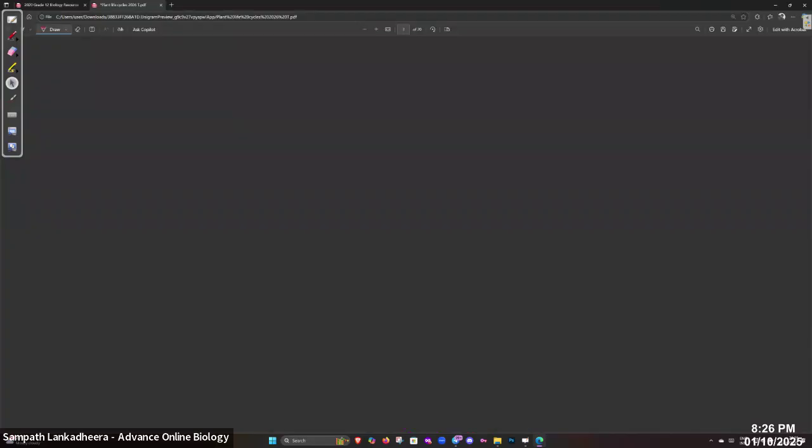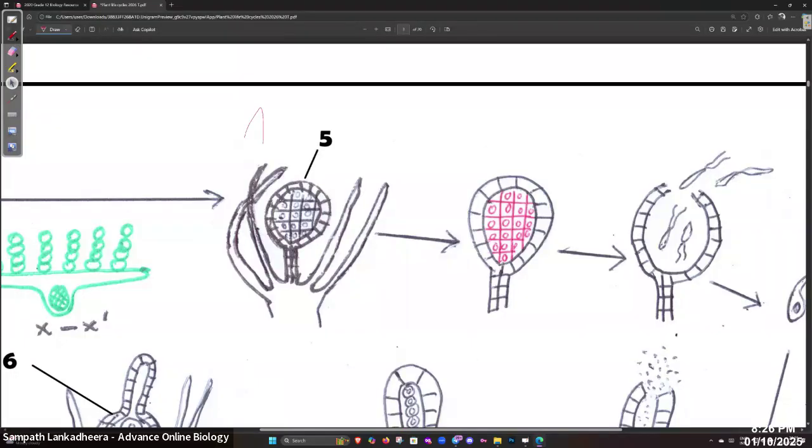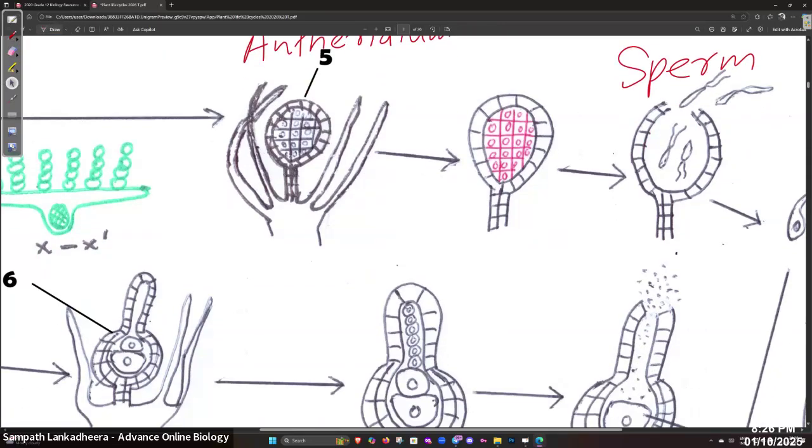What is this? Antheridium. And here you can see the sperm formed by the antheridium.